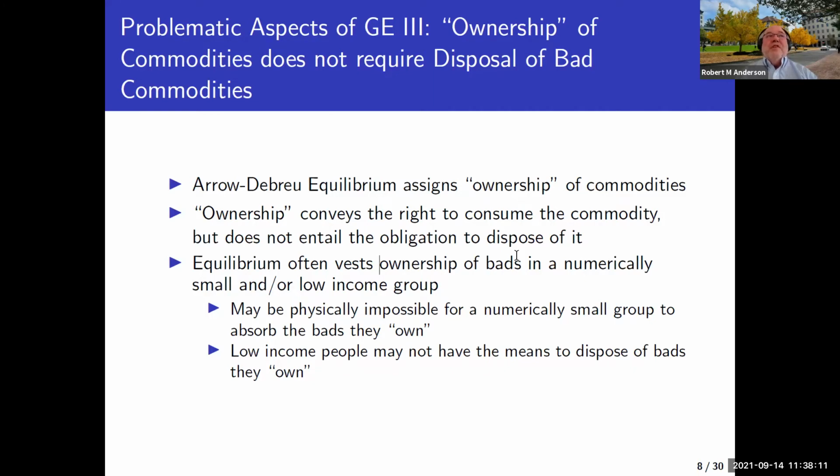And then what happens in equilibrium in the model is people who have relatively low income say, yeah, sure, I will gladly absorb this pollution or live near it or be adversely affected by it in return for a cash payment, which I can then use to increase my consumption of goods that I want.